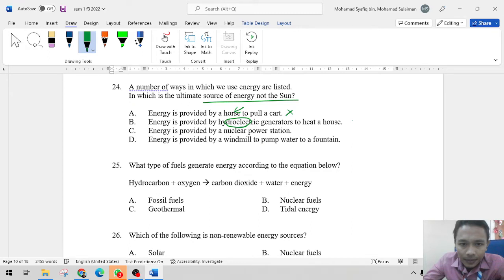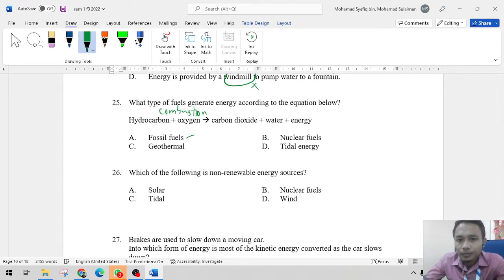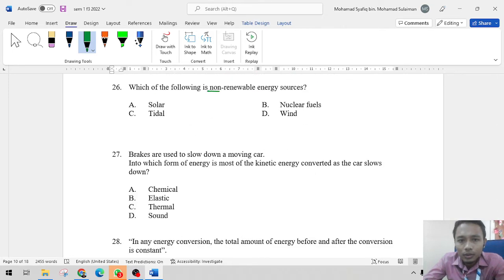Nuclear is from a nuclear source, and windmill is also from the sun. First energy, we have hydrocarbon plus oxygen, so this is combustion. So it must be fossil. Non-renewable is nuclear.